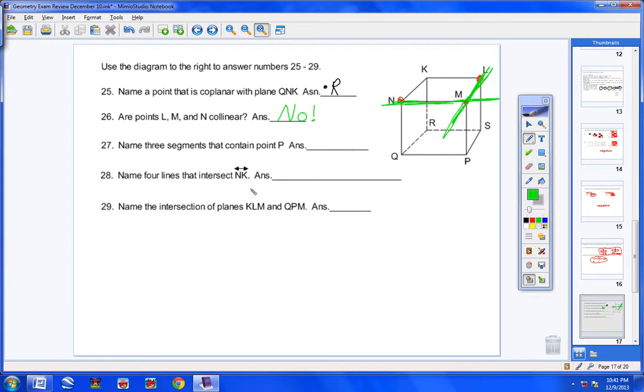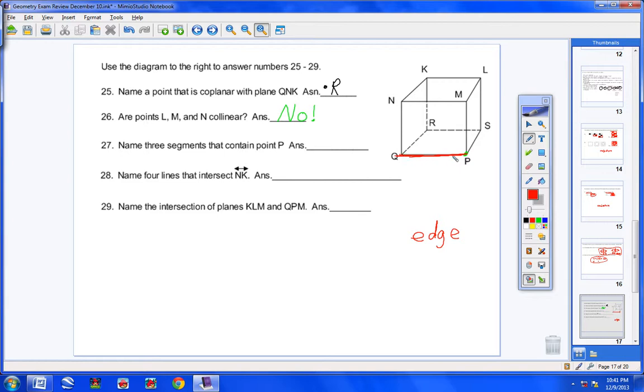Number 27, name 3 segments that contain point P. Well, here's point P right here, and let's name 3 segments. Well, this segment right here, a segment would be the same thing as an edge of this cube, okay?